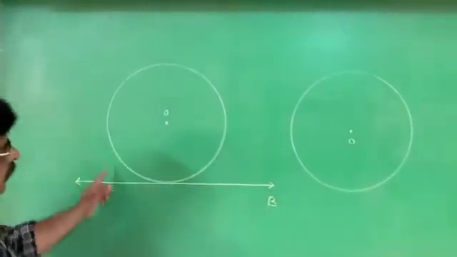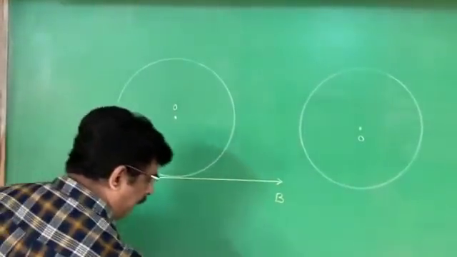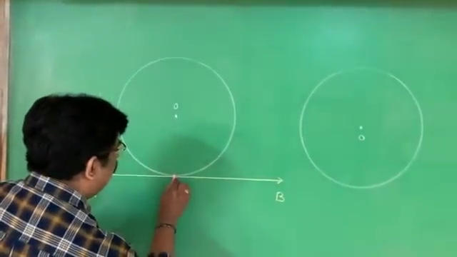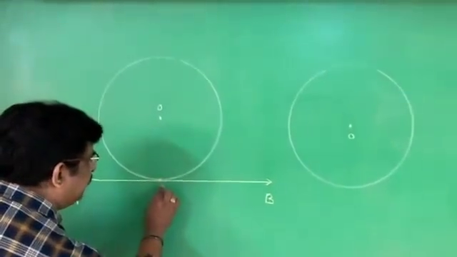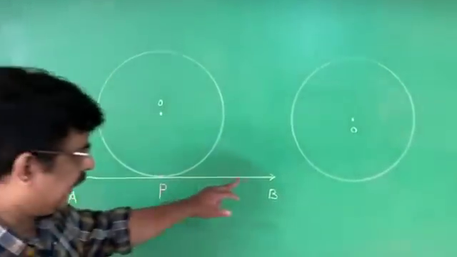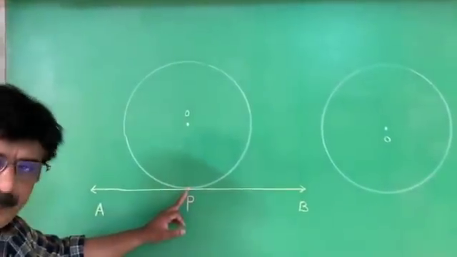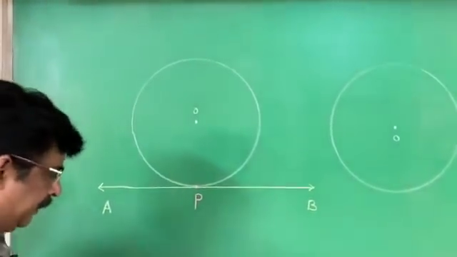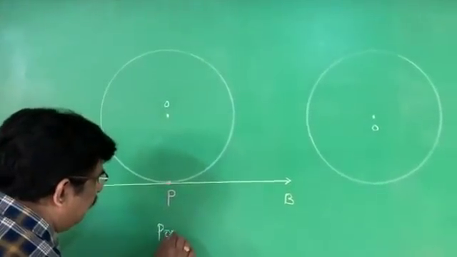Tangent is a line which touches the circle at only one point. I name this point as P. This AB is a line. It touches the circle at one point, that is P, and this point is called the point of contact.